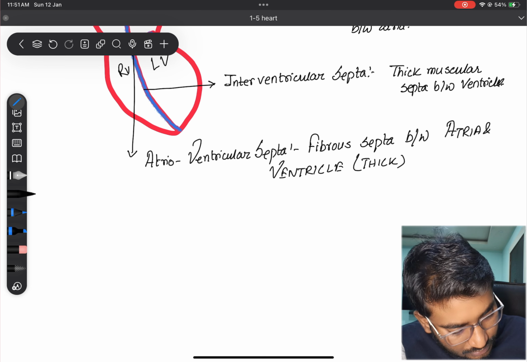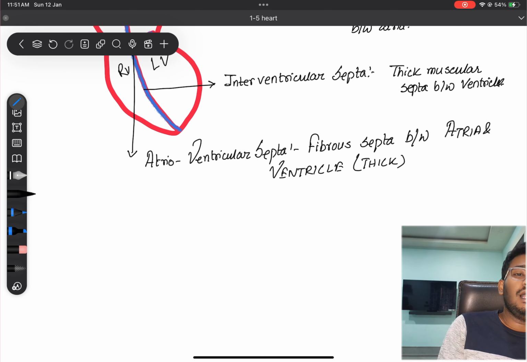This is thick. Okay. So between atria and ventricle is the atrioventricular septa.